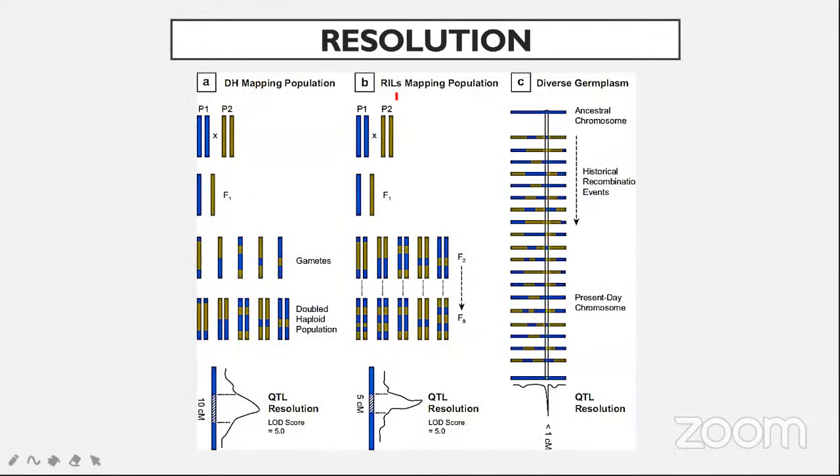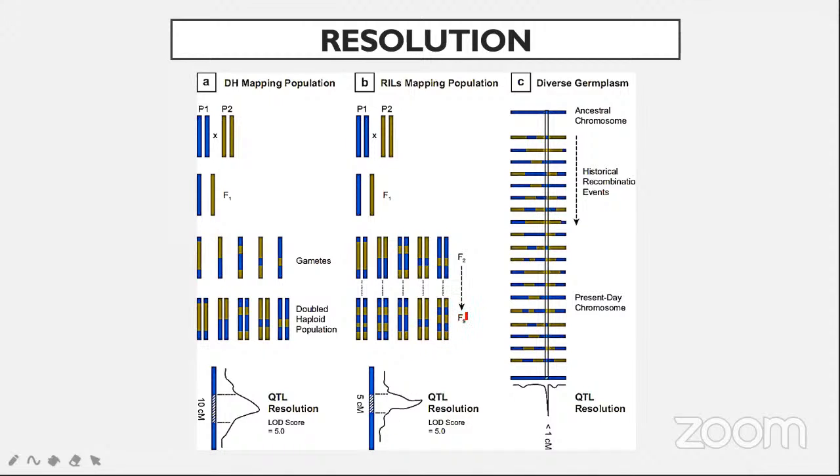When I talk about resolution, here is a good example showing it. Here you have a mapping population, RILs, and this is the diverse germplasm. Here I have A and B, biparental crosses where we did QTL analysis.